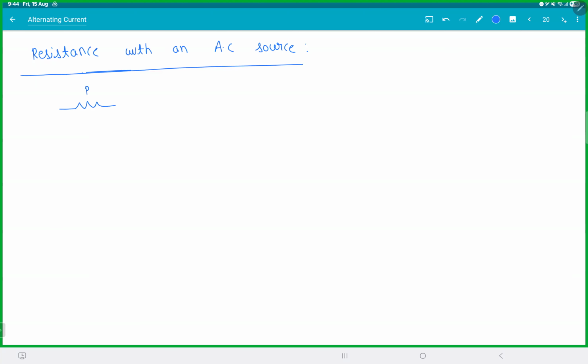When you take a resistor and put an AC source, we are going to use standard sine functions only normally. E is equal to V naught sine omega t. Let the current be I. Remember, your Kirchhoff's law is always valid. V naught sine omega t minus IR is equal to 0. So we get I is equal to V naught by R sine omega t.